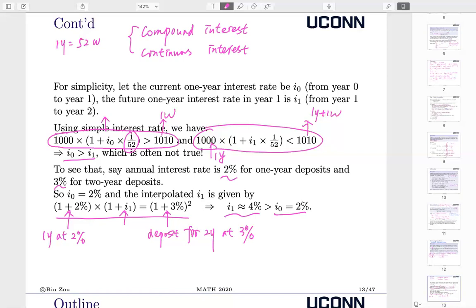That's why I mentioned earlier that decreasing impatience cannot be explained by anything we learn in this course. In other words, what we learn in this course is too simple to explain what's really going on in our daily life.